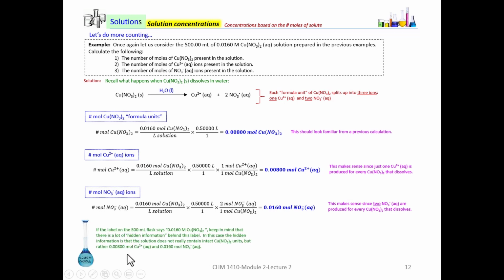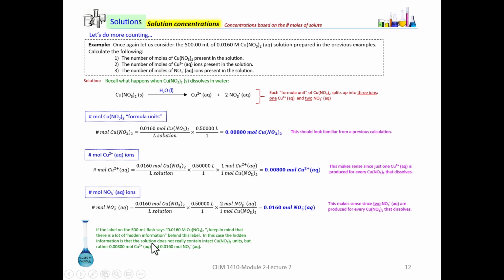So if the label on the 500 milliliter flask says 0.0160 molar copper nitrate, keep in mind that there's a lot of hidden information behind this label.